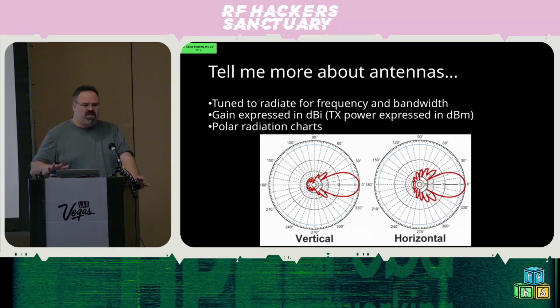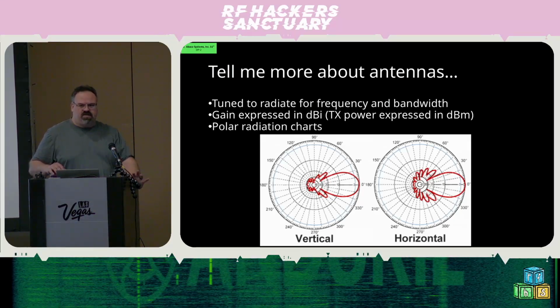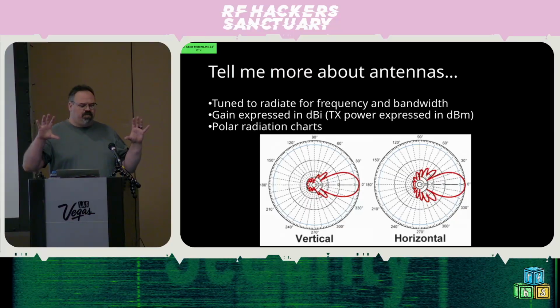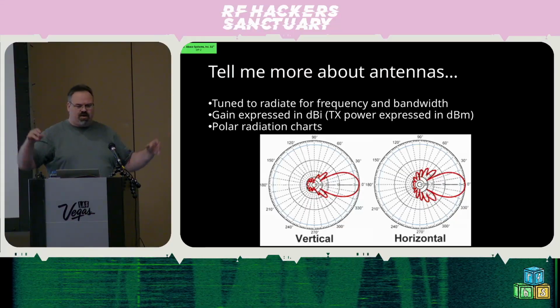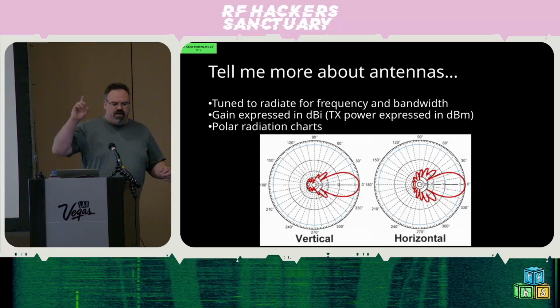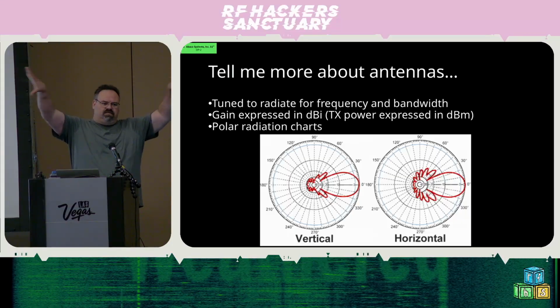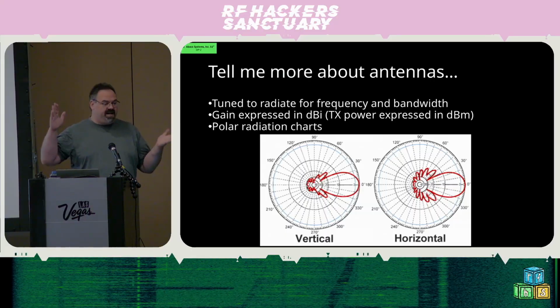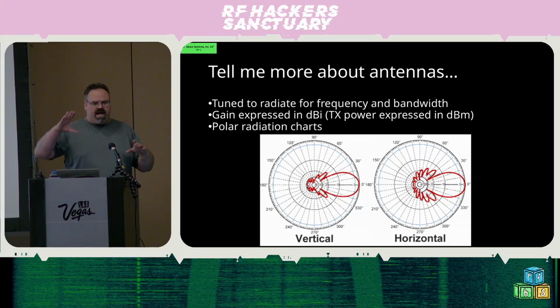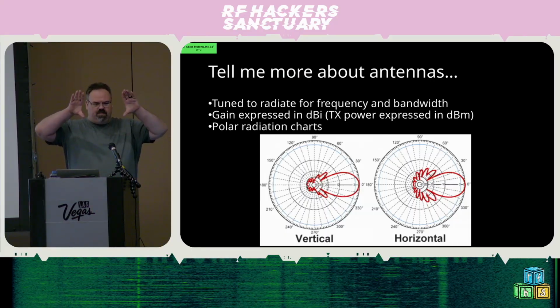As you increase the gain, it increases the signal strength, but reduces the area in which it sends it. So think of a dipole, 3 dBi, sends out a broad swath everywhere. Go to a 9 dBi dipole, and your radiation pattern is much more flattened.